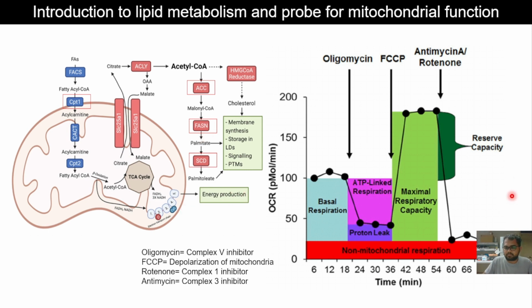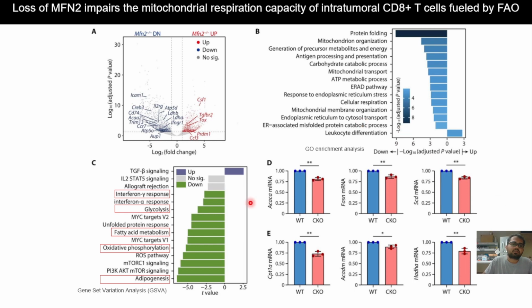Let's see further. In this data, they use MFN2 knockout versus the wild type, and they try to find out which genes are differentially regulated.